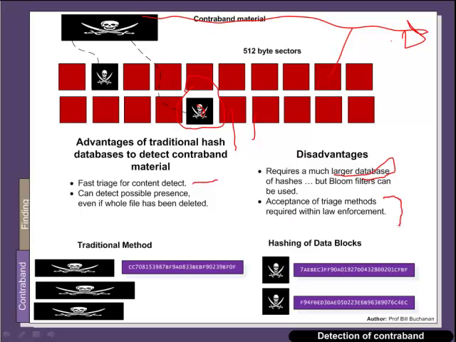Along with this, there needs to be an acceptance that triage methods are actually possible within law enforcement. So it is necessary that we can go in and do a basic triage before doing the full analysis. In this case, the identification of a hashed byte block matching might identify that we need to look more deeply into the whole of the disk.